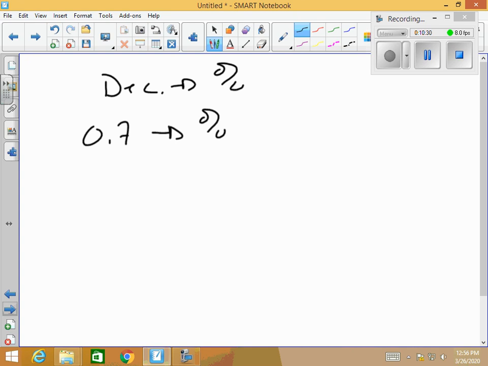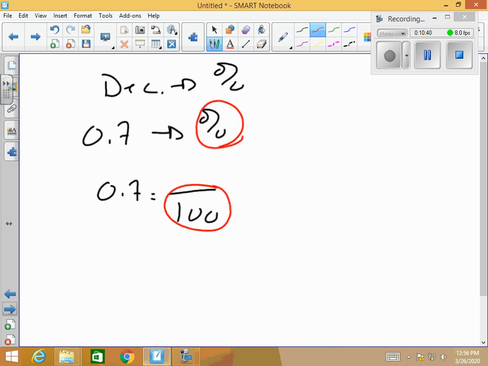This is a direct proportion. What I want is I want 0.7 over 1 to equal something over 100, because percent is divide by 100. And what I'm trying to do is find out that top number. Well, if I don't know that top number, it automatically becomes n. I set that into a direct proportion, and don't forget, anything is divisible by 1.